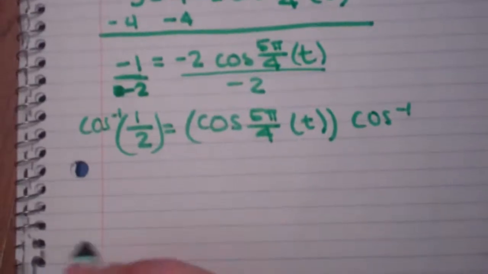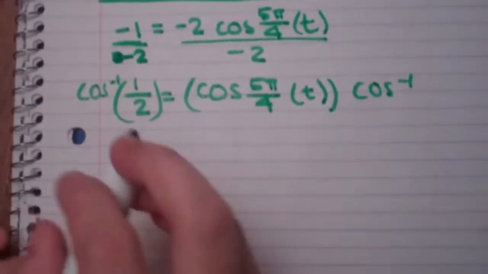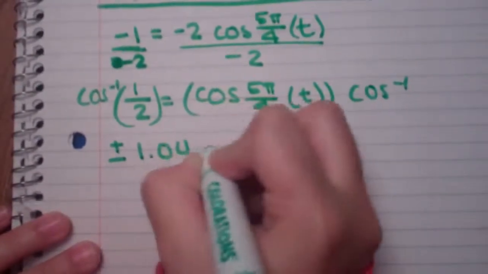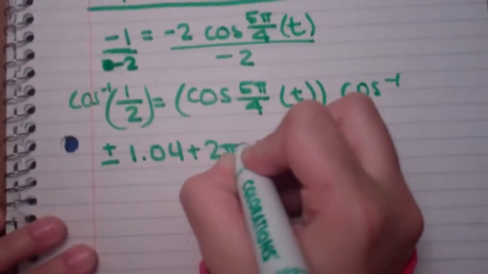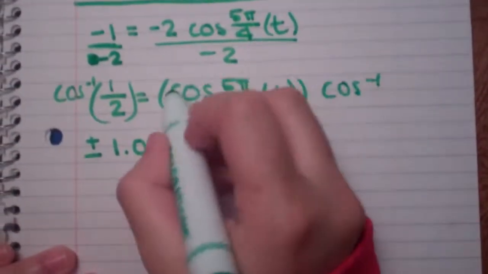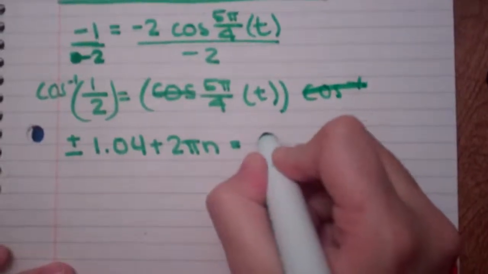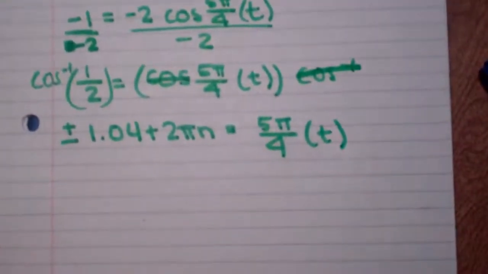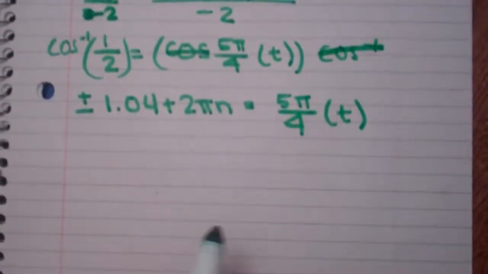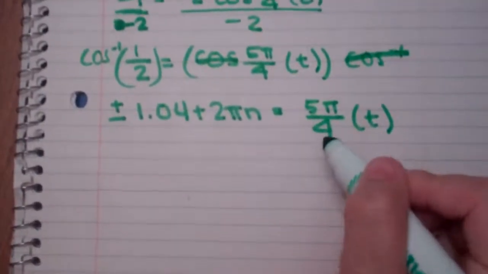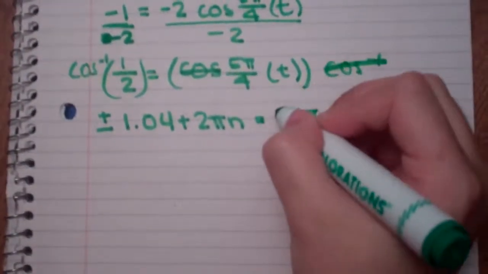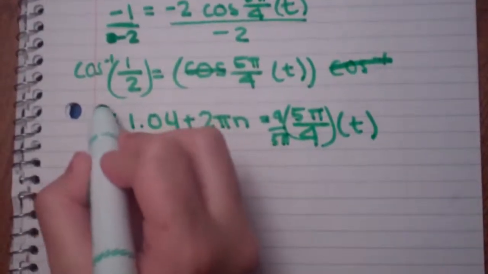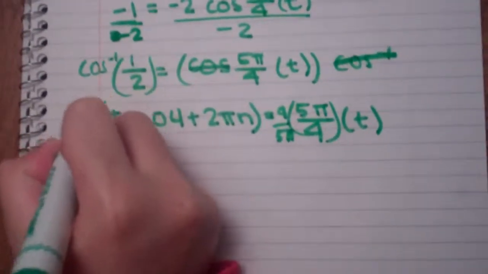We need to find the general solution right here, right now. Okay, so we're going to do plus or minus 1.04 plus 2 pi n equals, this side the cosines cancel out, so we're left with 5 pi over 4t. Now we're going to multiply by the reciprocal, so it's 4 over 5 pi. Both sides go over here, 4 over 5 pi.